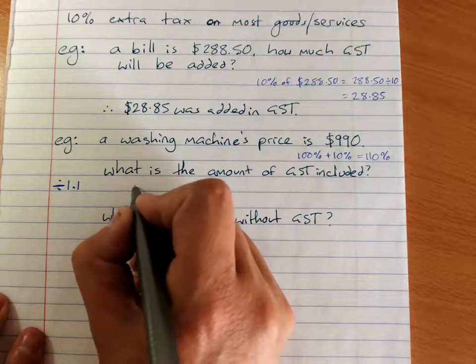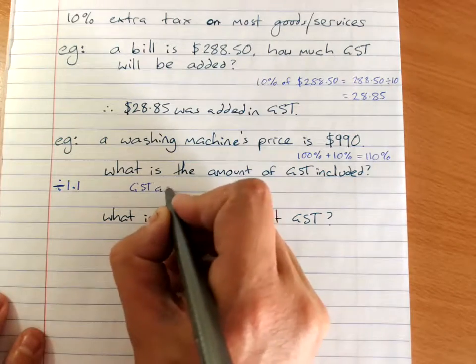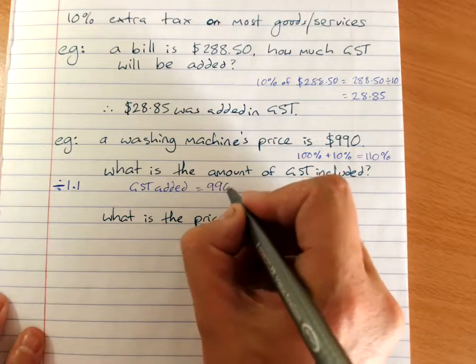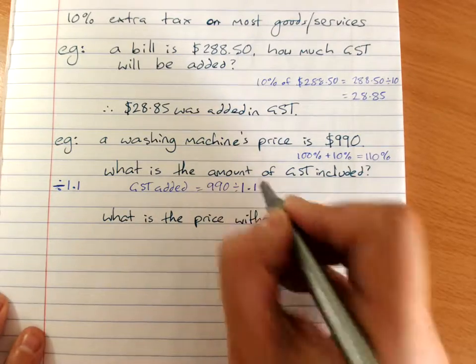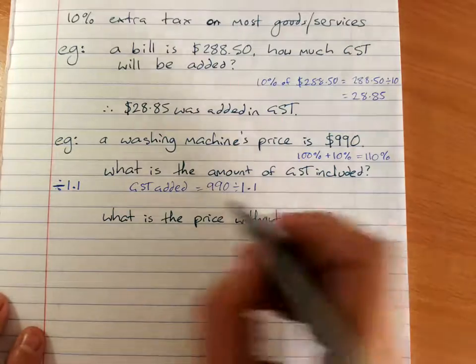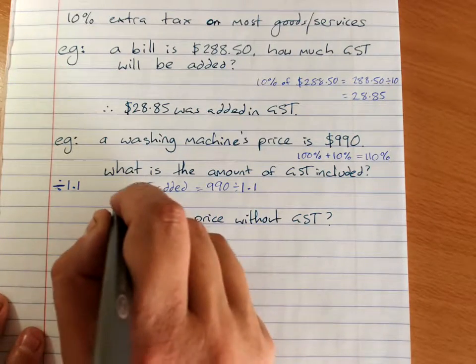So the GST added in that was 990 divided by 1.1. Sorry, that is the price without GST.